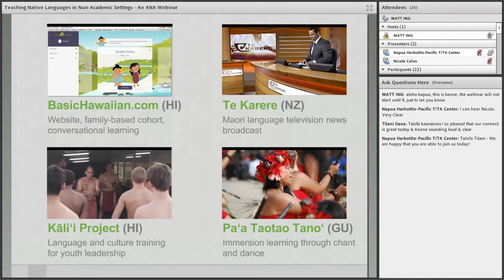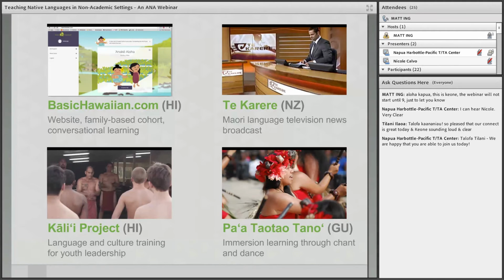BasicHawaiian.com is an ANA funded project that is currently teaching people Hawaiian language through the internet. And I think that's really important. As many of us are getting more and more technical, we understand the importance of the use of technology to promote language.